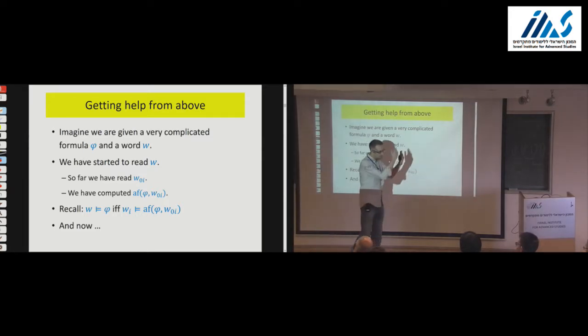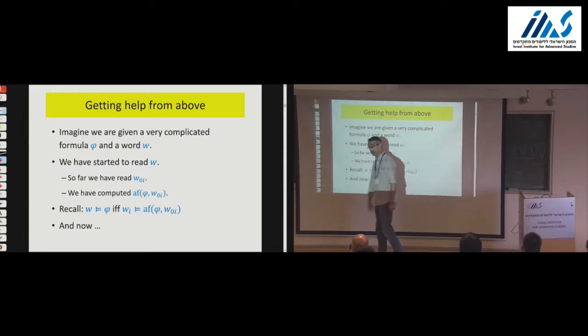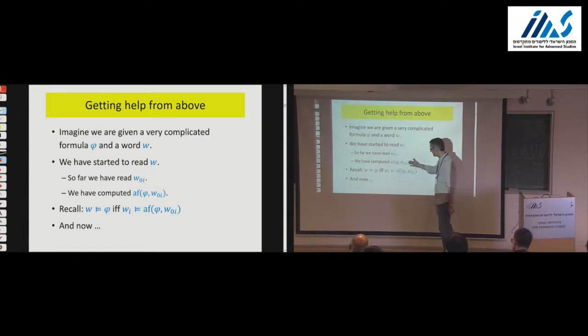And actually, well, for us, the word might well be infinite, right? So let's consider it's an infinite word. We have started to read it, the first 20 years of the word, right? So far we have read this prefix. And we keep updating the formula that we still have to prove, right? So we are computing this formula step by step.